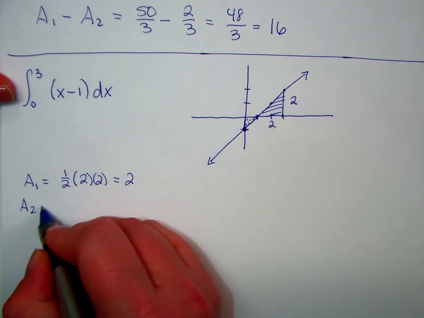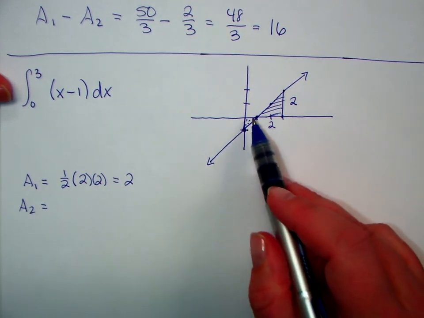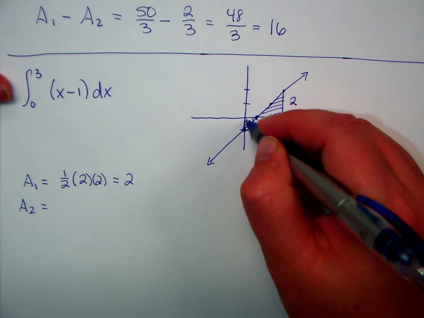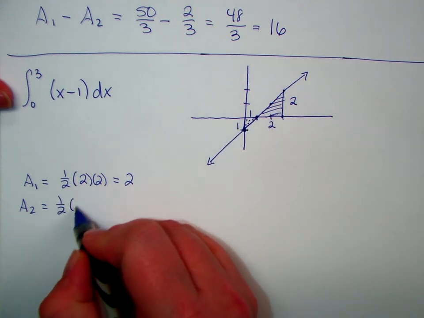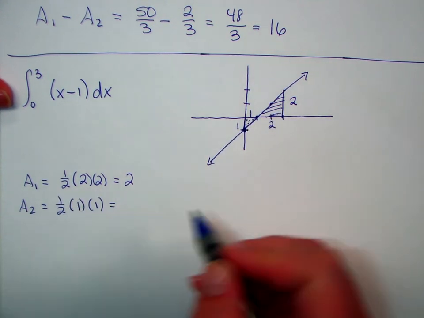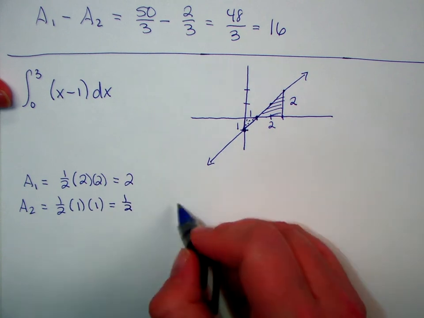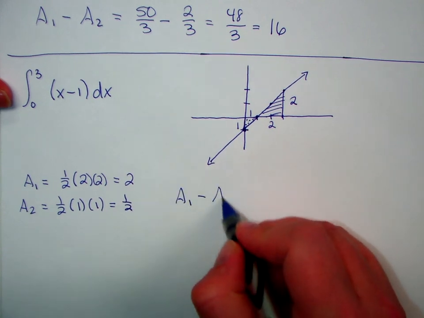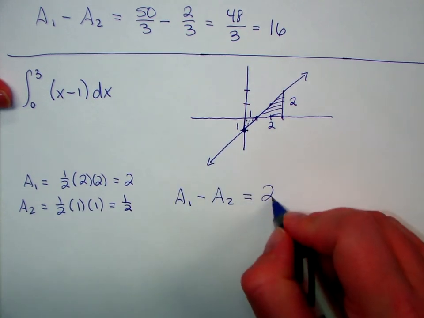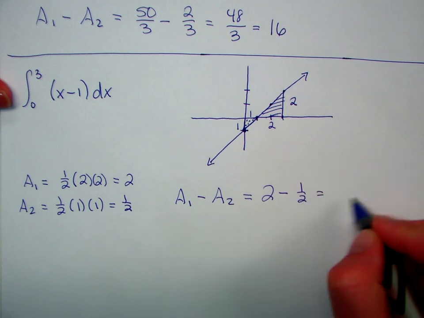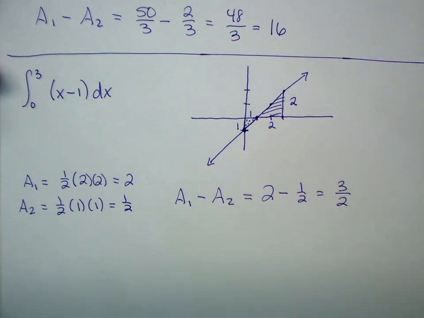A sub 2, the area below the x-axis here, the height is 1, the width is 1, 1/2 base times height is 1/2. And so our total area, the positive area minus the negative area, 2 minus 1/2 is 3/2.